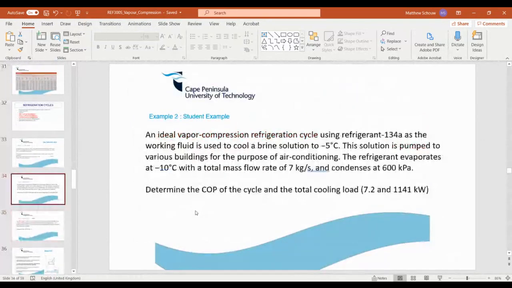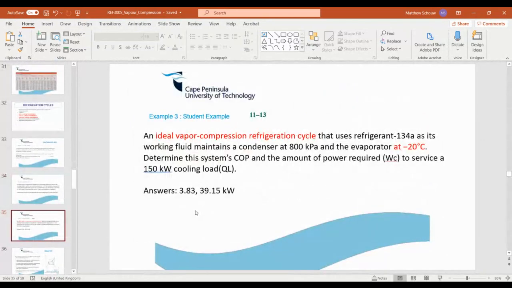What I wanted to bring out here was more of an investigation type problem, to really look at the effects of the condensing pressure and the effects of the evaporating pressure as well.